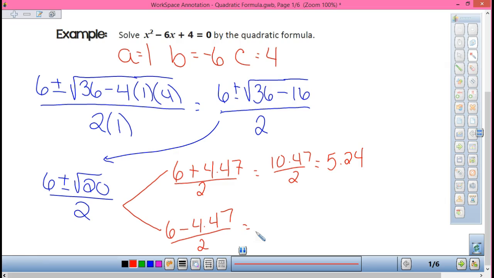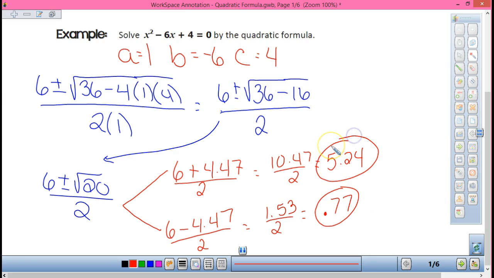On the bottom, 6 minus 4.47 is 1.53, divided by 2 is 0.77. So those are my 2 answers.